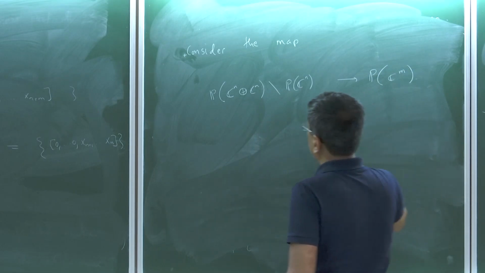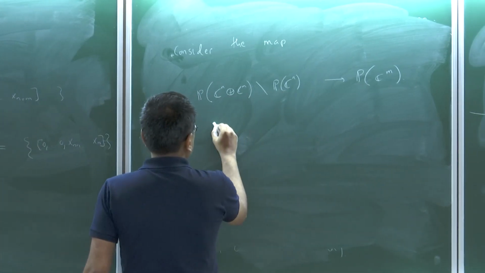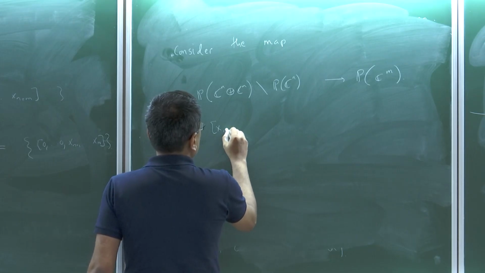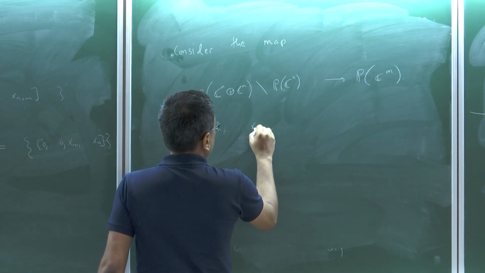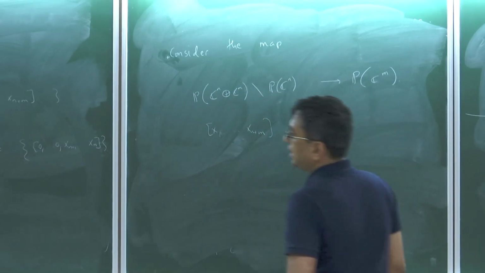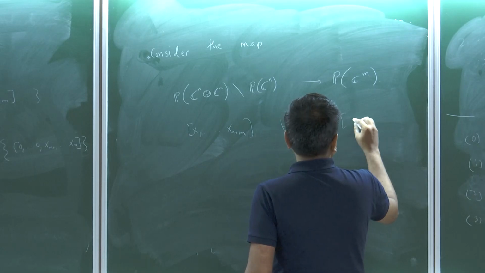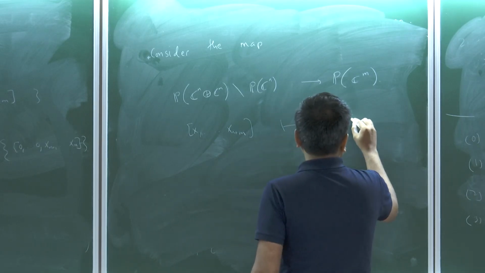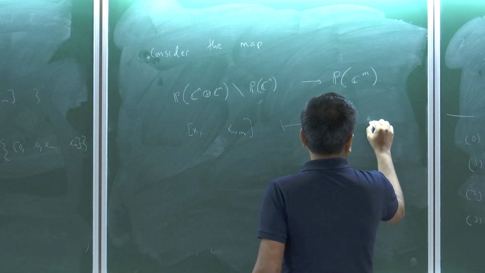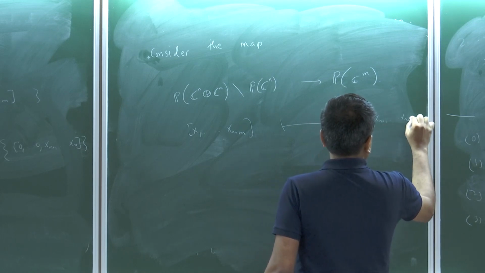Okay. What I'm doing is I'm just projecting the coordinates. So this is a projection map. So here I take a point with homogeneous coordinates x1 up to x n plus m, and I project it onto the last m coordinates. So I make the first n coordinates 0 and keep x n plus 1 up to x n plus m.